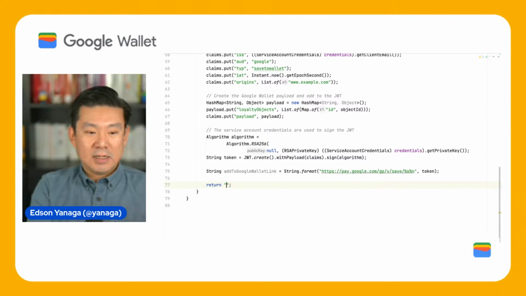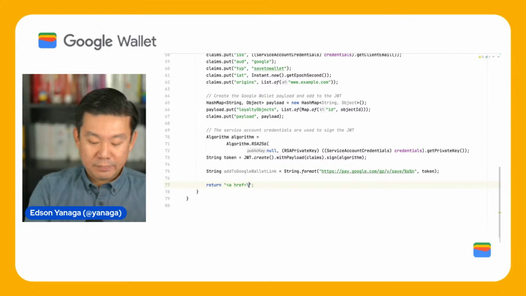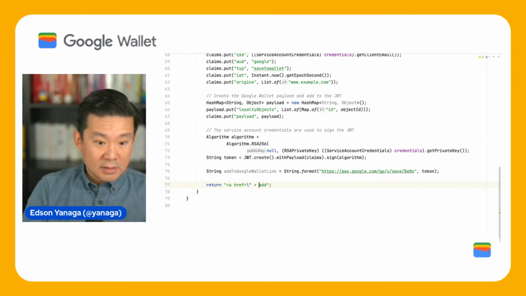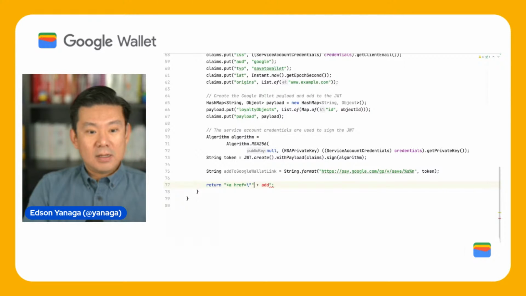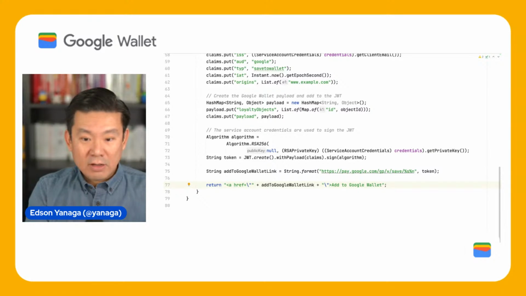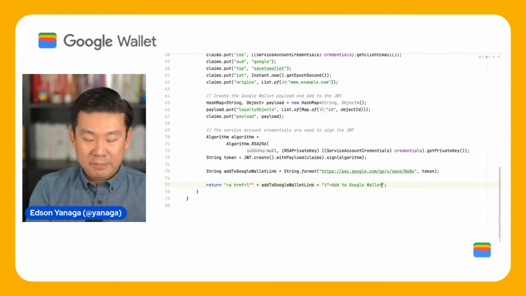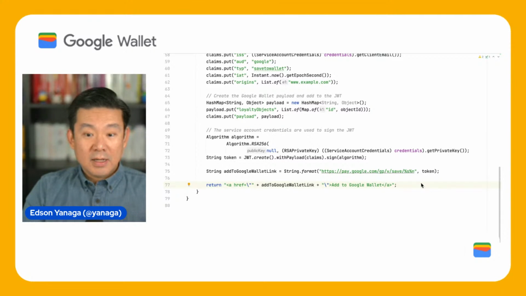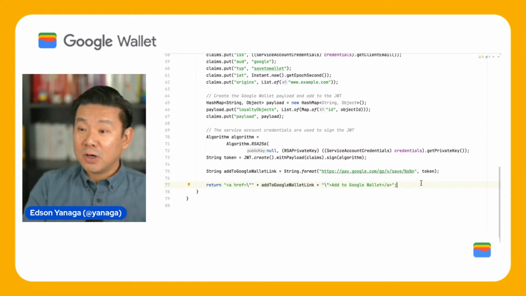Add an a href, this one, plus add to Google Wallet, plus add to Google Wallet link, and now another string, close, add to Google Wallet. Okay. Don't tell anyone that you learned this from me. And I think we're good. Hopefully, this piece of code will work.